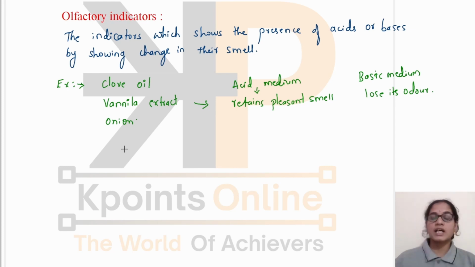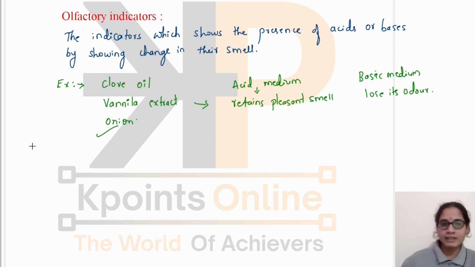A very interesting activity is given in your NCERT textbook about the preparation of onion peel indicator as an olfactory indicator. How can you prepare it? You can even do it at home.